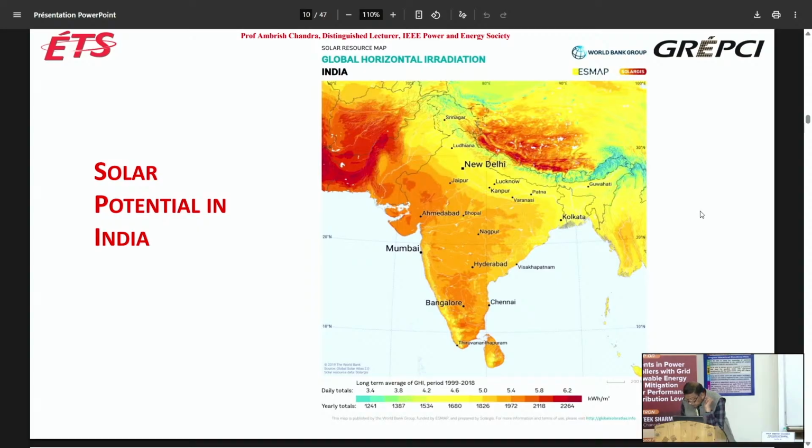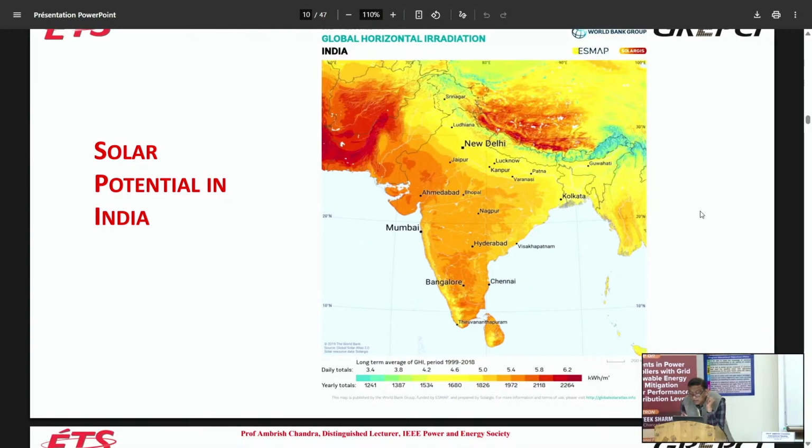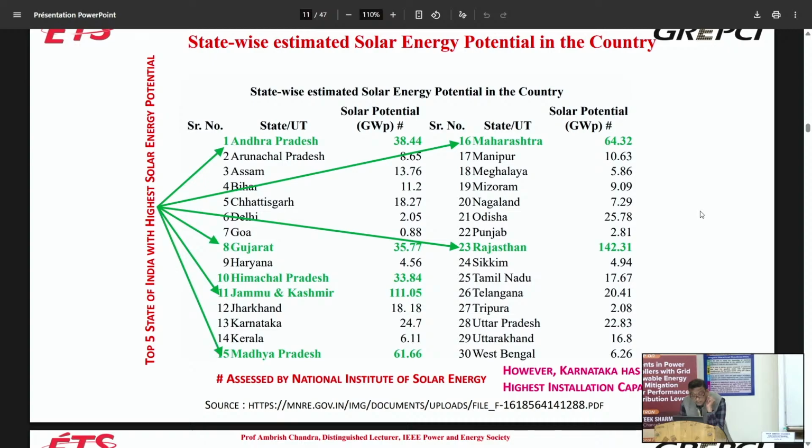This is so much potential. And the statewide estimate of solar energy potential in the country: in Andhra Pradesh, this is the solar potential. In Rajasthan, check, 142 gigawatt peak, a lot of energy. Then Gujarat, Jammu and Kashmir, MP. So much potential of solar energy in India.